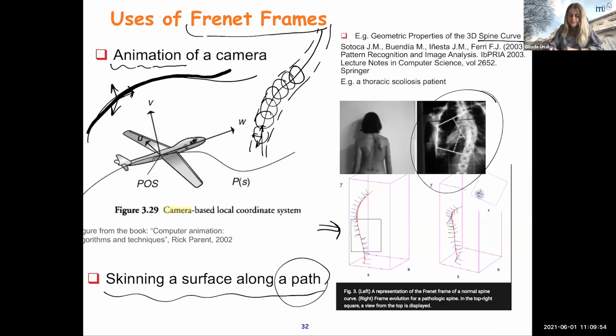You can parameterize this curve, and at each point get the Frenet frame, an orthogonal basis. That will help you analyze the curvature and torsion of the curve. On the right, there is an abnormal patient's spine curve. To analyze the difference between these two, you should know how to analyze curves and define the geometry of curves.